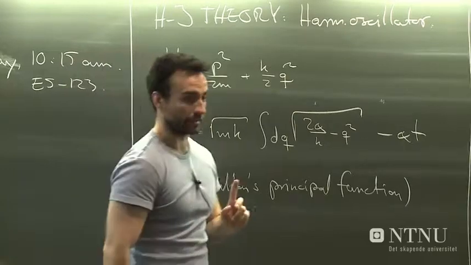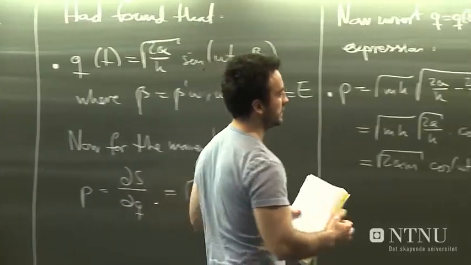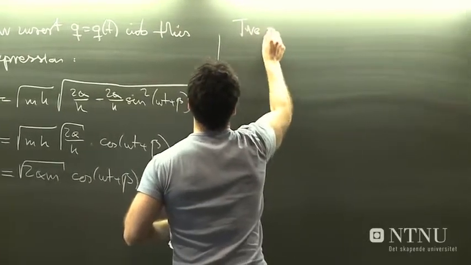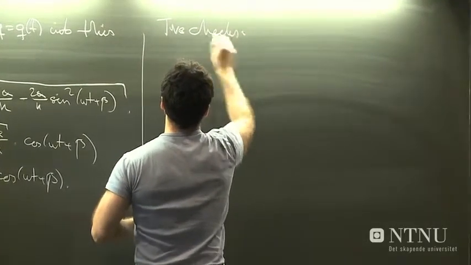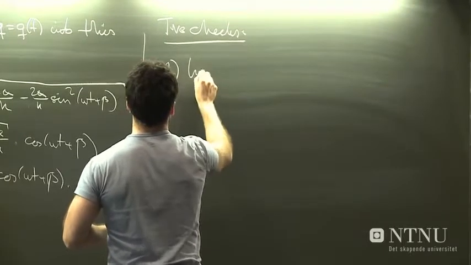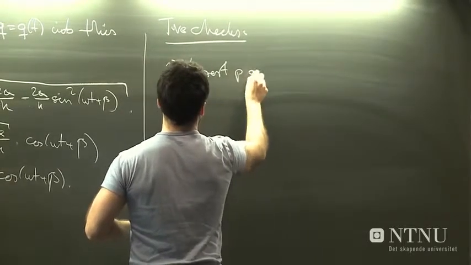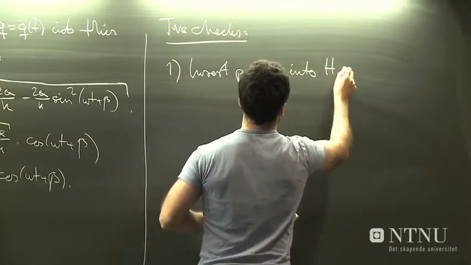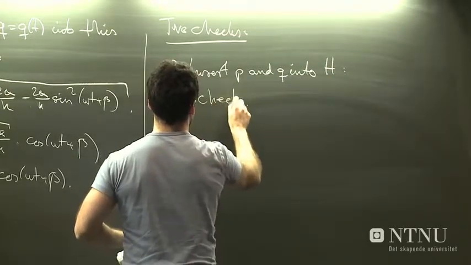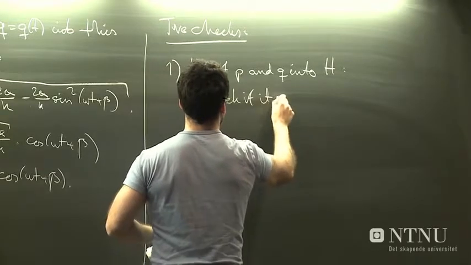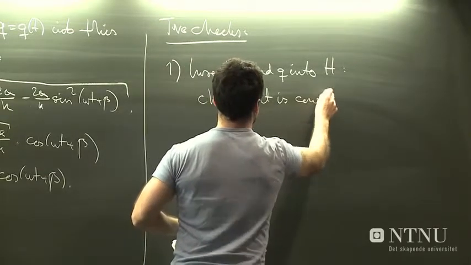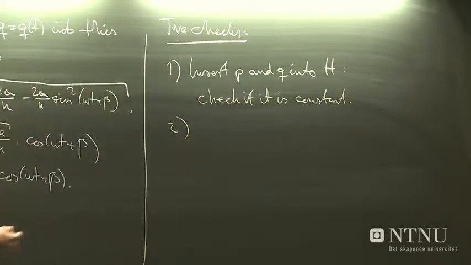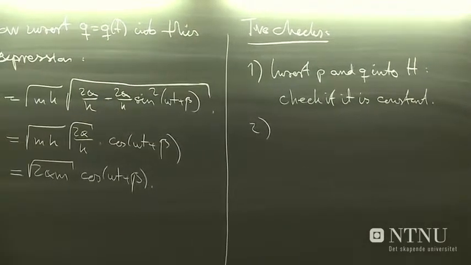Now there's one more relation. So let me just write this. So the first, precisely as you point out, just plug it into the H and check if it's a constant.